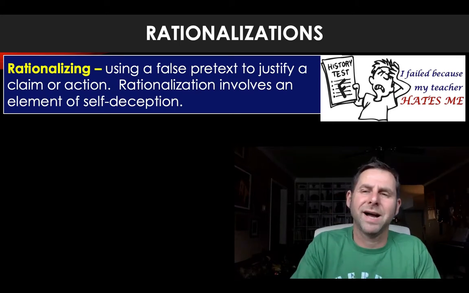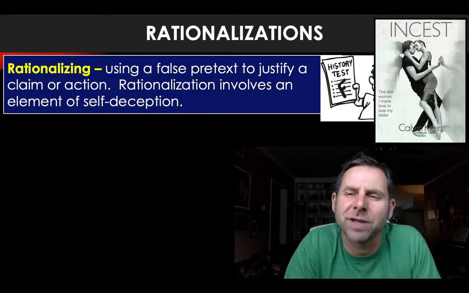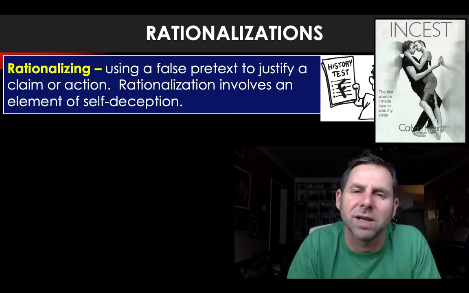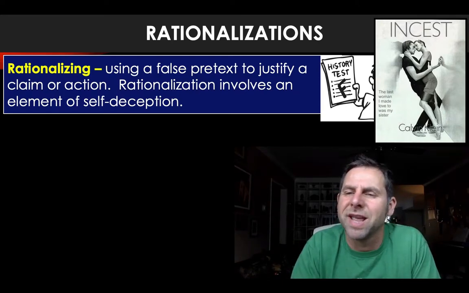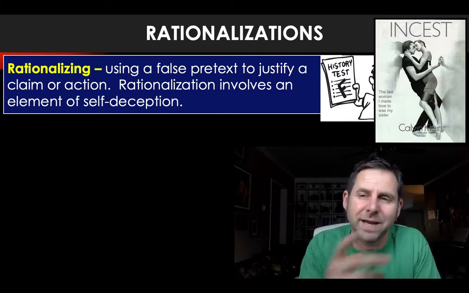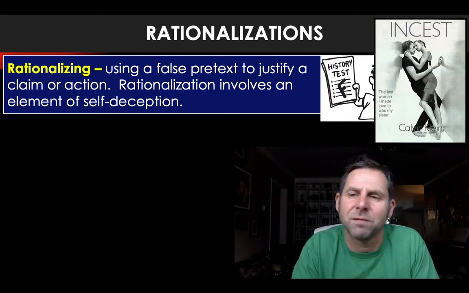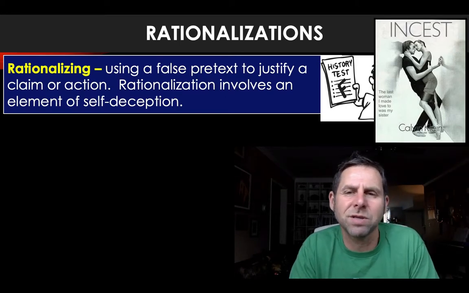One last rationalization I want to talk about that's really interesting is moral rationalization. If you look at the fake Calvin Klein ad here for incense, essentially, it's interesting why most people think that there's something wrong with incest.